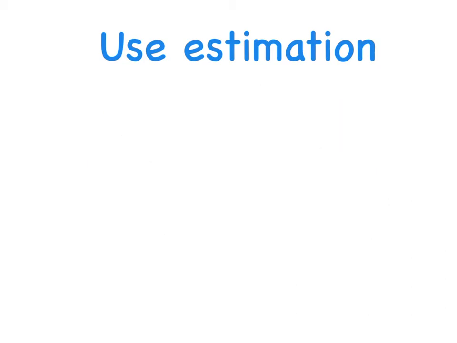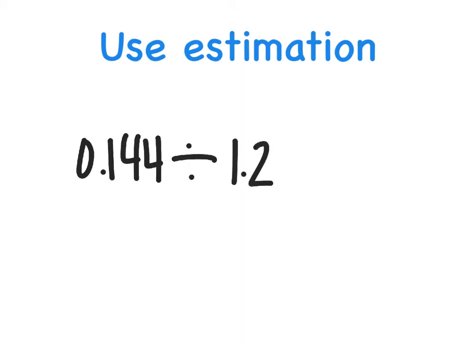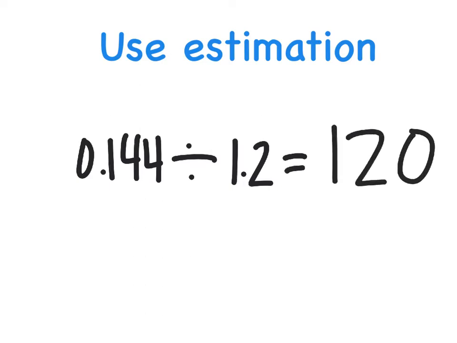Let's look at another similar problem. Let's say we had the problem 144 thousandths divided by 1.2. And you were told that the digits of the answer are 1, 2, 0, but you need to place the decimal point. Let's go ahead and make an estimation in order to determine where our decimal point should go.